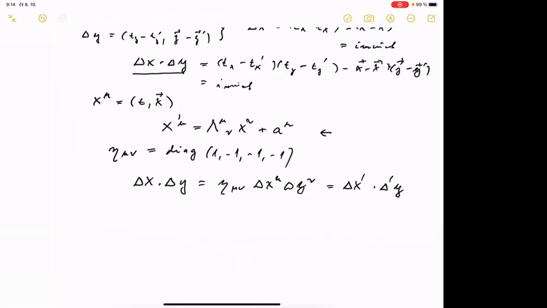We obtain the following condition for this matrix Λ^μ_μ'.